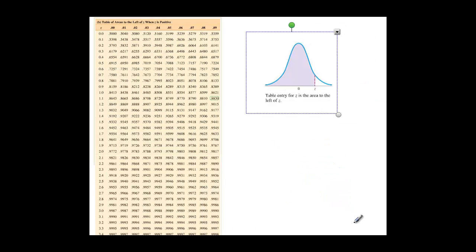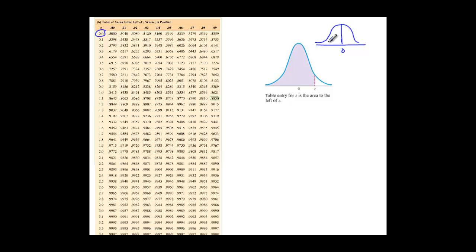Now the second part of the table has positive z-scores. Notice that we had already talked about this, but if the z-score is 0, that would be at the mean. Remember that these entries tell the area to the left of a z-score. So if the z-score was 0, which is our mean, look what it says for just 0.00.